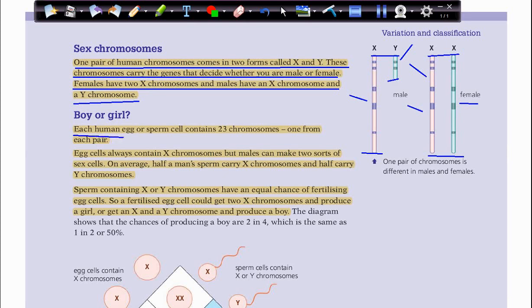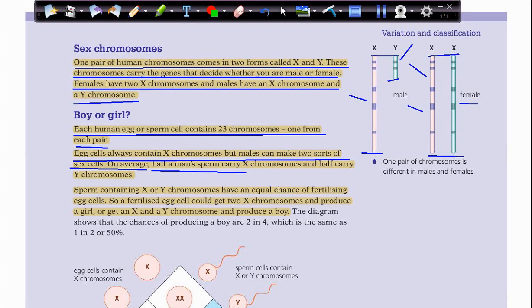Each human egg or sperm cell contains 23 chromosomes, one from each pair. Egg cells always contain an X chromosome, but males can make 2 sorts of sex cells. On average, half of a man's sperm carry the X chromosome and half carry the Y chromosome.